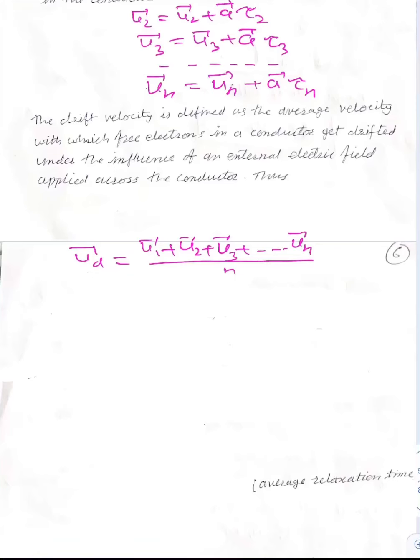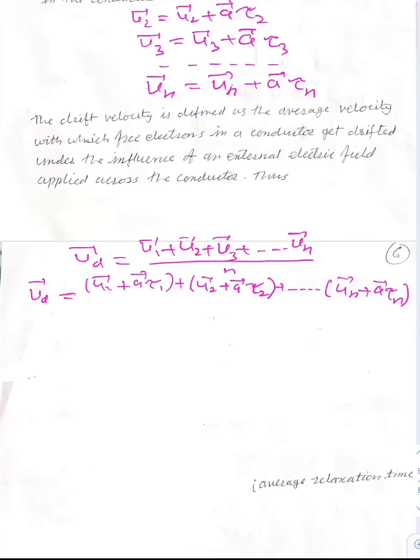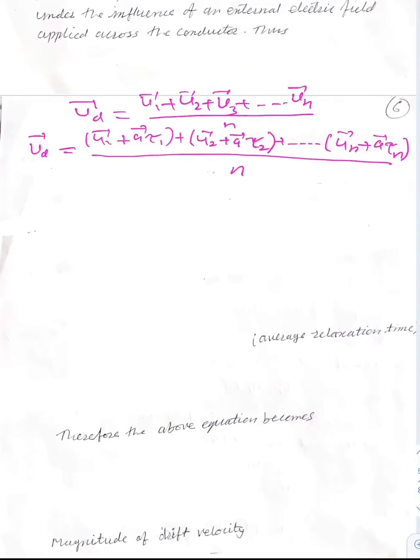Put the values of v1, v2, v3 from the above equation, we will get Vd, meaning drift velocity, = [(u1 + a·tau1) + (u2 + a·tau2) + ... + (un + a·taun)]/n.